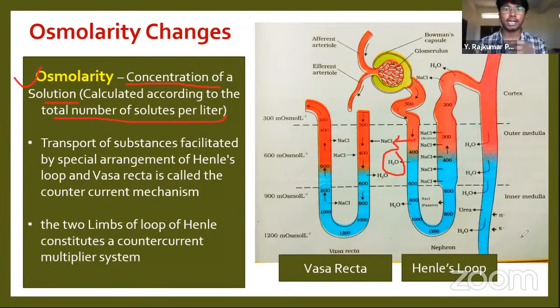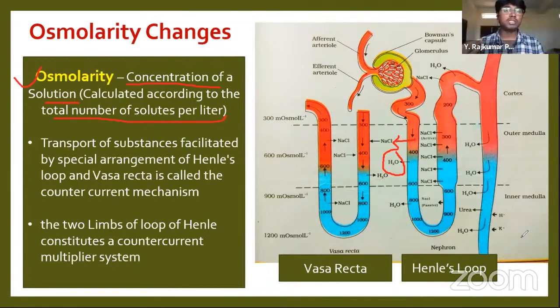Suppose we have taken a glass of water and added a spoon of salt to it. Here the water is the solvent, and the solute means the salt that we add. The spoon of salt we have added is called the solute. The final product is called the solution. When salt is mixed with water, that's called a solution. Now you might have understood what is meant by solvent, solute and solution.